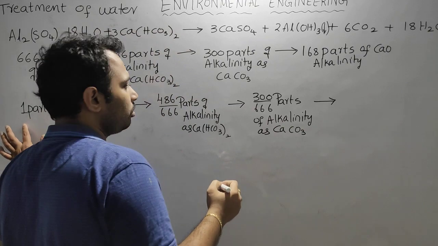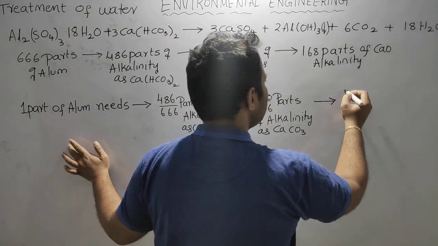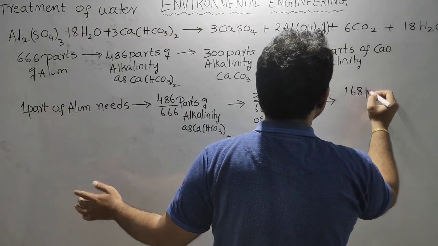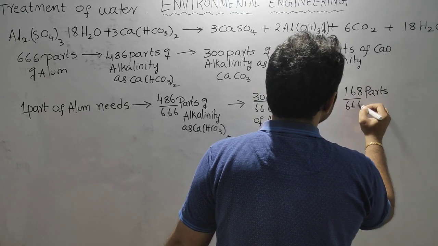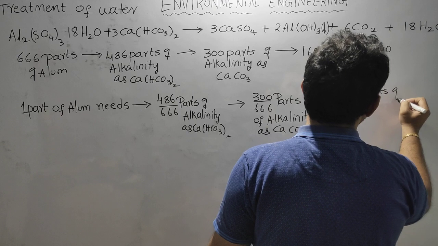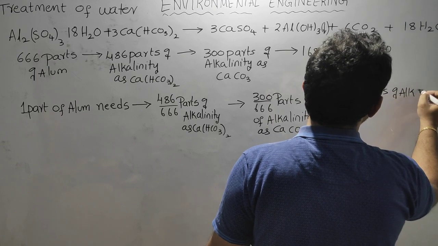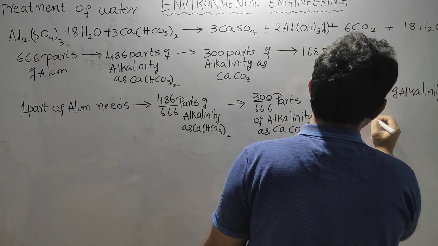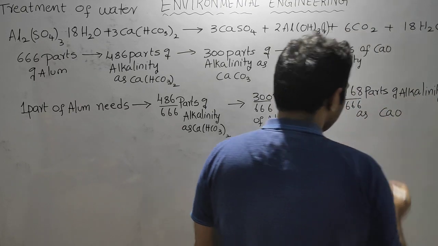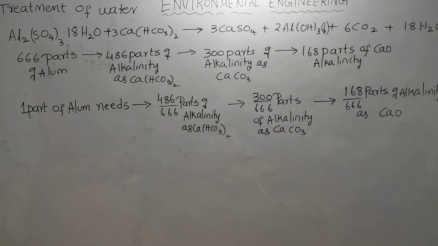Similarly, one part of alum needs 168 by 666 parts of alkalinity as CaO. Okay, alkalinity as CaO.